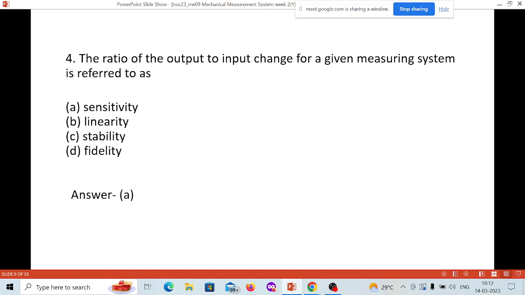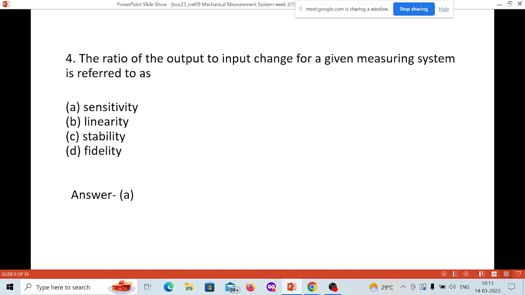It can also be an interfering input. If you want to measure temperature, or per se pressure, and if your instrument is sensitive to temperature, the readings may change. So you have to take into account that the instrument is not sensitive to the interfering input.